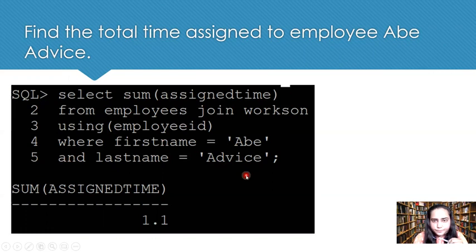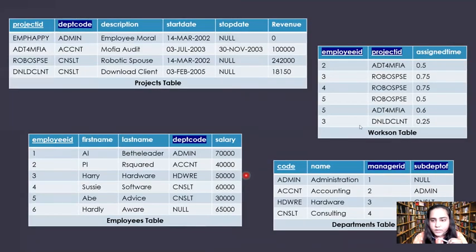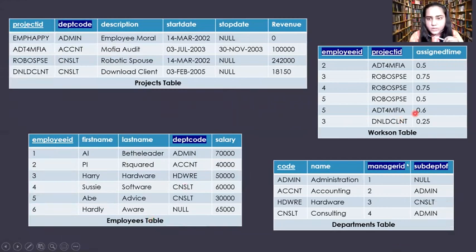So how this works is, this is our database and this is the employees table. This is the works on table, as you can see. So these are the two tables being used. So what happens is when you take a join between the two, then the common employee IDs will remain. So using those, now you can fetch Abe Advice, and Abe Advice has the ID 5.